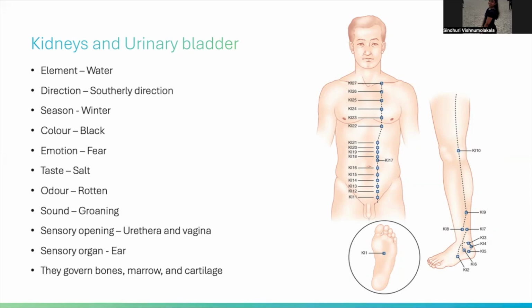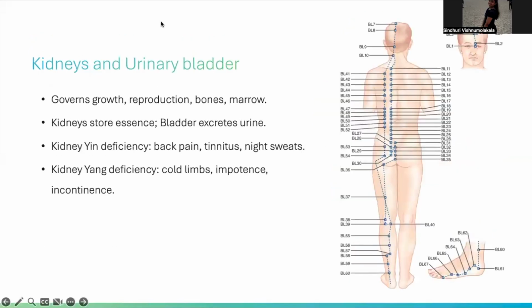bones, marrow, and cartilages. And again, the urinary bladder starts in your head and travels downward and ends in your feet. So they govern growth, reproduction, bone marrow, and also bones.